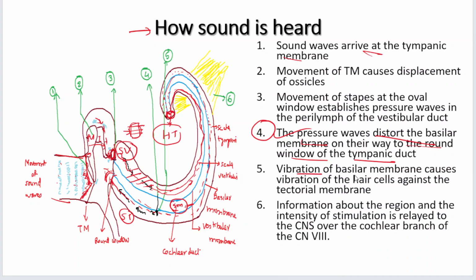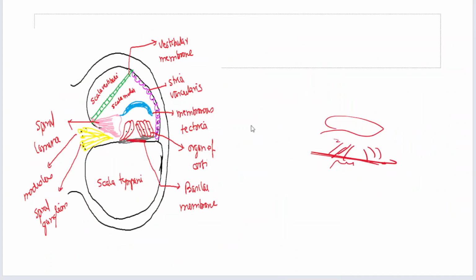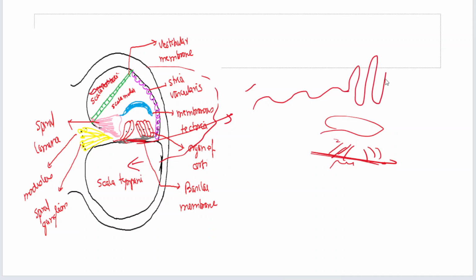Then the vibration of the basilar membrane causes the vibration of the hair cells against the tectorial membrane. So here is what is happening. When the pressure wave is going from the scala vestibuli and coming out through the scala tympani, the basilar membrane is going to move, and at one particular point it is going to move more. It is going to reach its maximum and then die off sharply.